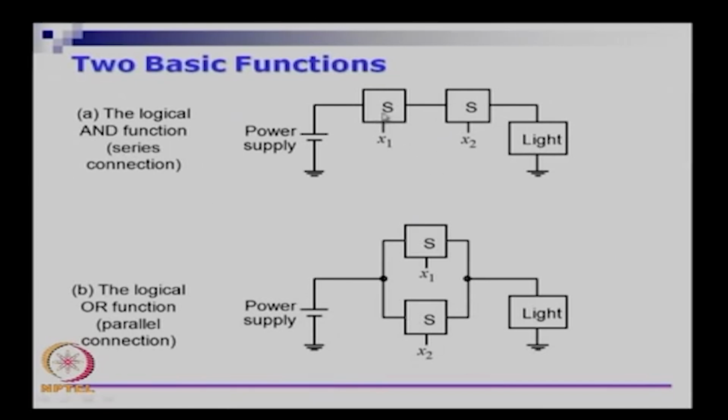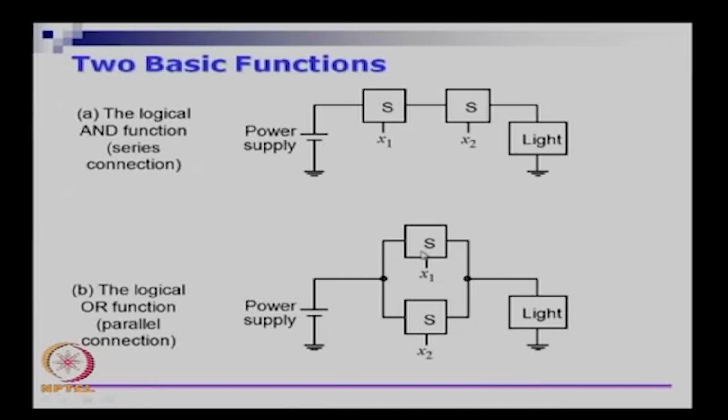So whenever you have switches in series, we call them the AND function. AND is capitalized here, it is an operator also. So X1 AND X2 should be on for the light to be on. Look at the picture here. Again there are two switches, but they are connected in parallel. So this switch X1 is connected in parallel to X2.